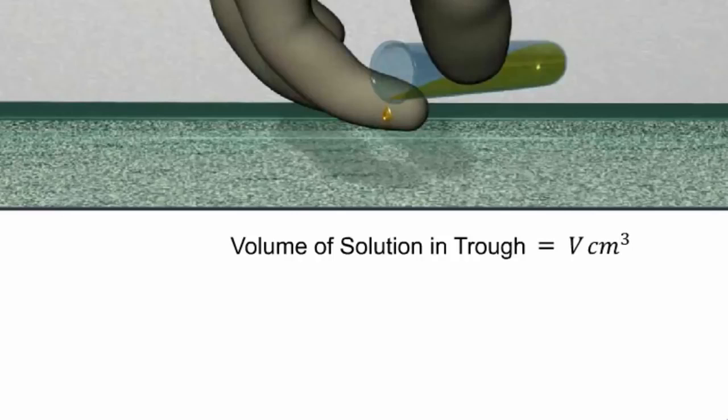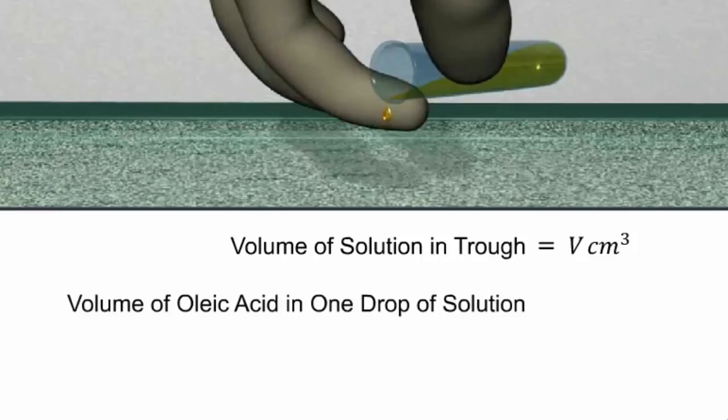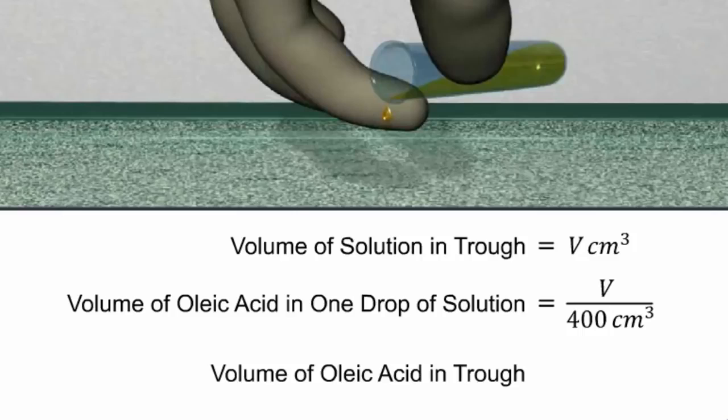As the concentration of oleic acid is 1/400 in the solution, the volume of oleic acid in each drop of the solution is V/400 cm³. Since only 1 drop of solution is put in the water, the volume of oleic acid in the thin film is equal to the volume of oleic acid in the drop, that is, V/400 cm³.